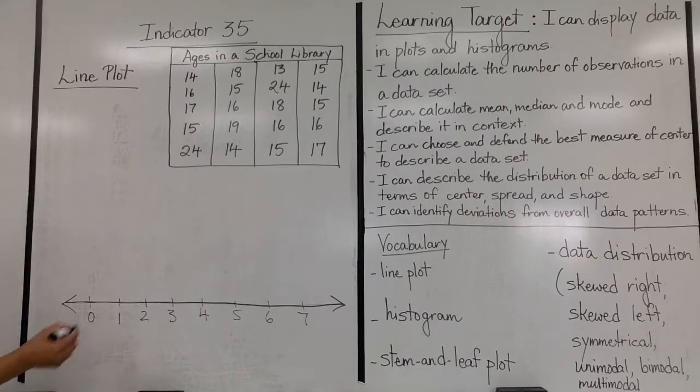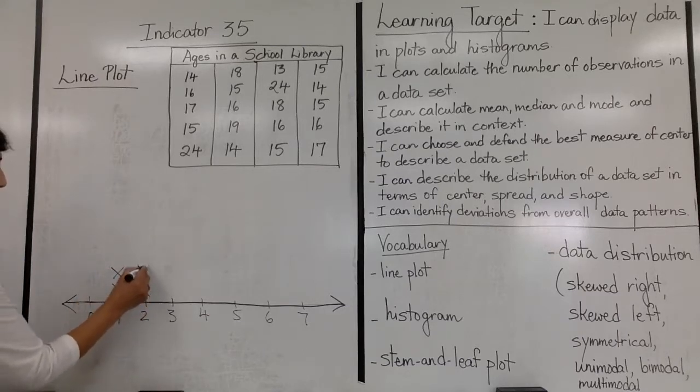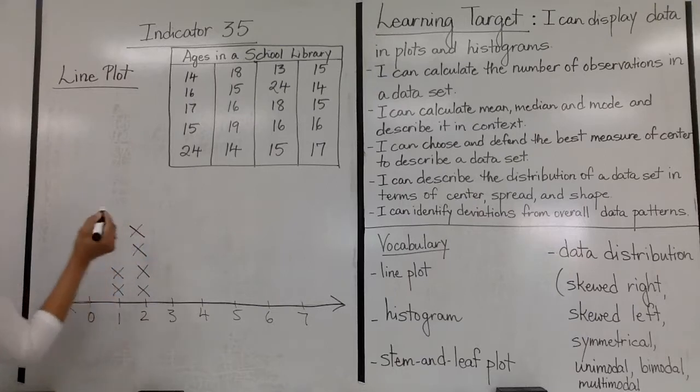Okay, so I can put this. This X is telling you how many times that number is occurring. So let's say we're talking about, well, it's too small to be a shoe size, but let's say jeans size, for example.